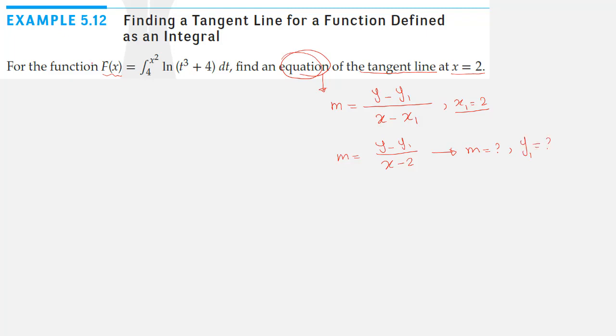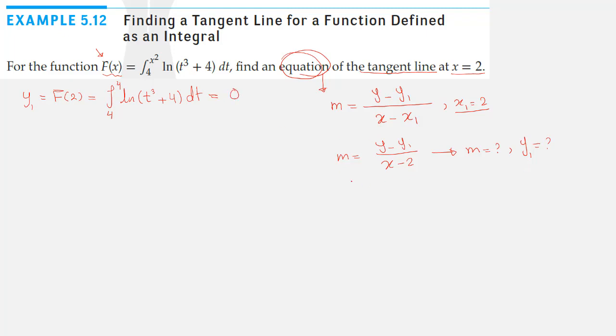How to get y1? We have the function here y, so y1 equals f of 2, which is equal to the integration from 4 to 2 squared, which is 4, of ln t cubed plus 4 dt. So when we integrate at the same point, 4 to 4, we will get only 0.